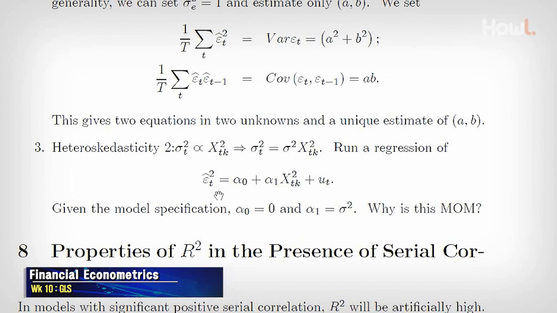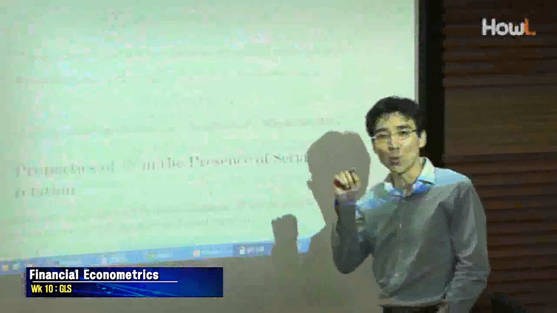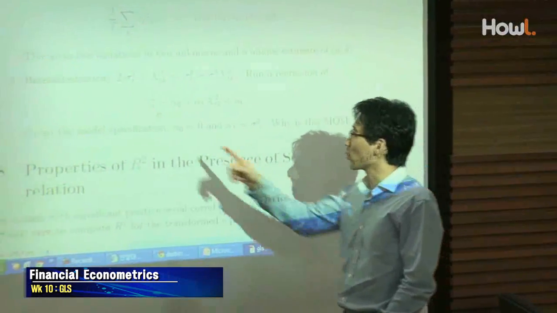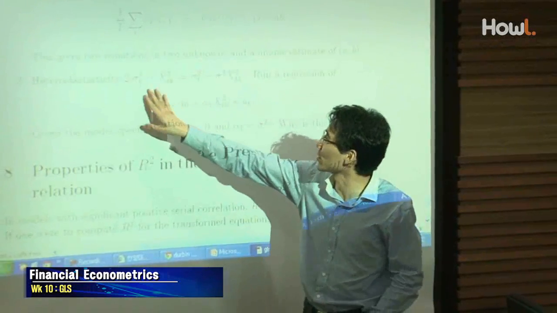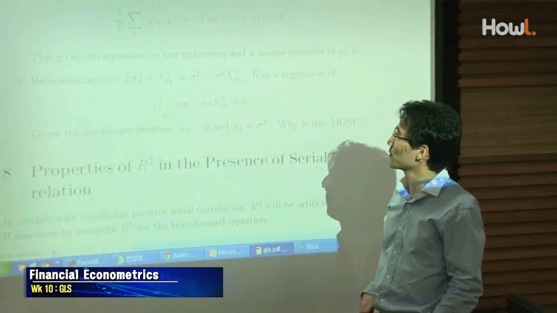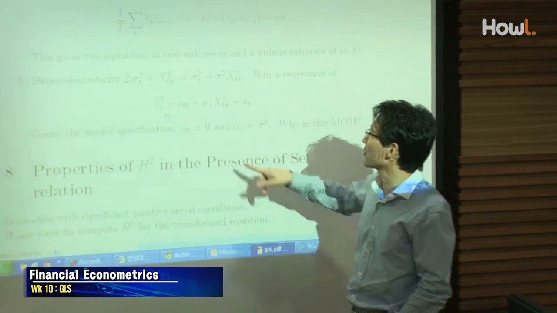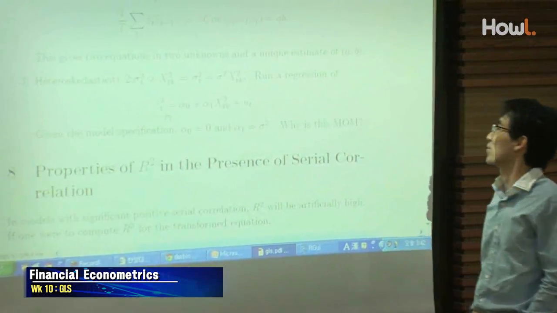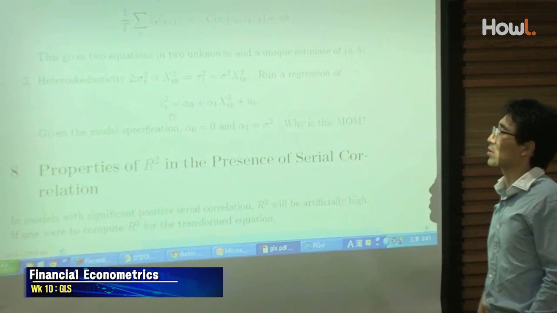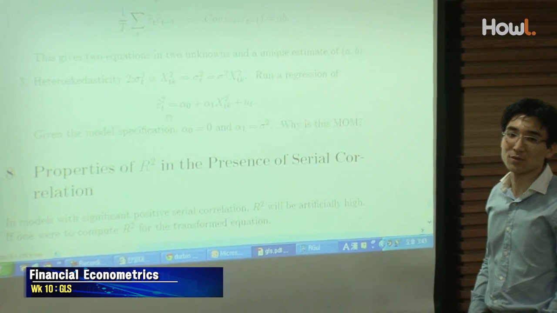Then what we can do is run a regression. Again, we do the OLS first. From OLS, we collect the error terms, scale them, and run a regression of this on this. Given the model specification, we usually assume this is 0 and this is sigma squared. And this kind of procedure is called the method of moments.